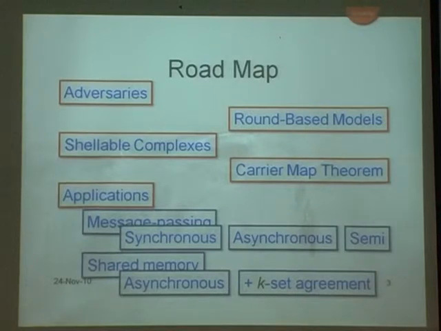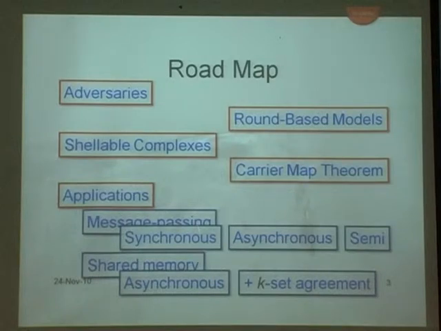To do that, we're going to need a combinatorial notion called shellability, which is something we pulled out of the classical textbooks. Once you learn about this, you'll see shellable complexes everywhere you go. We'll prove a nice theorem about how shellable complexes behave under carrier maps.